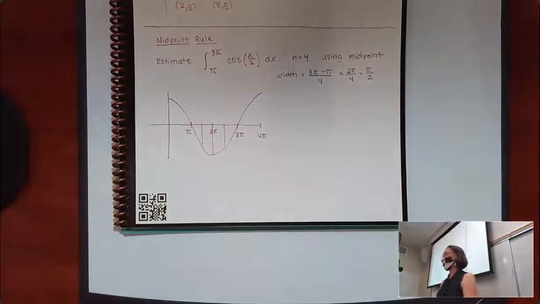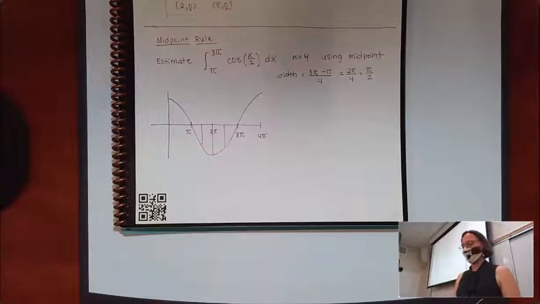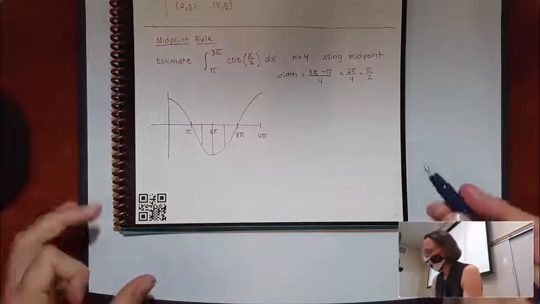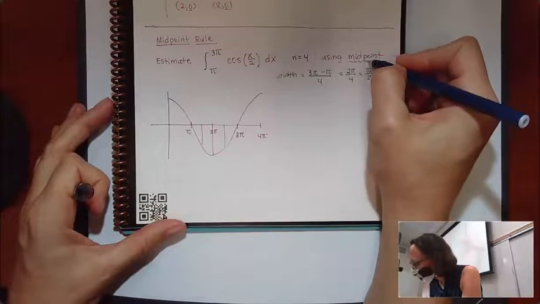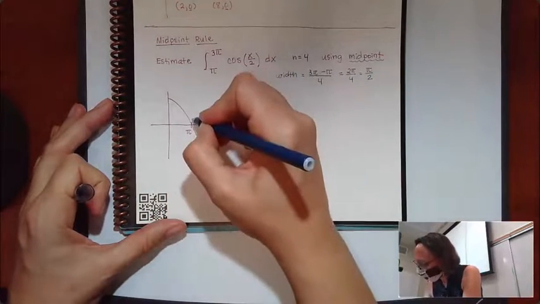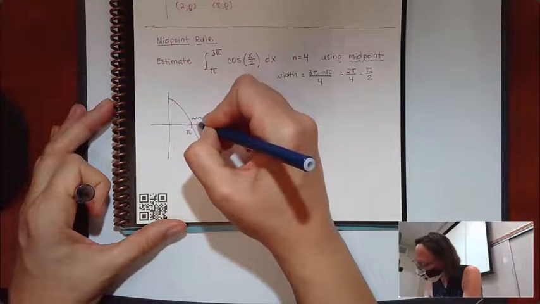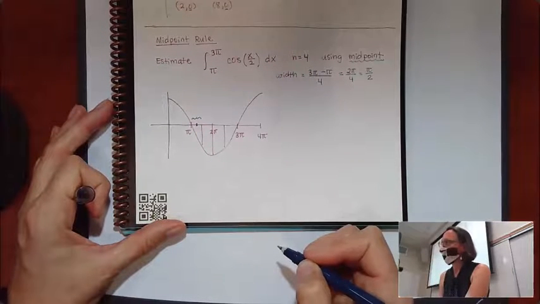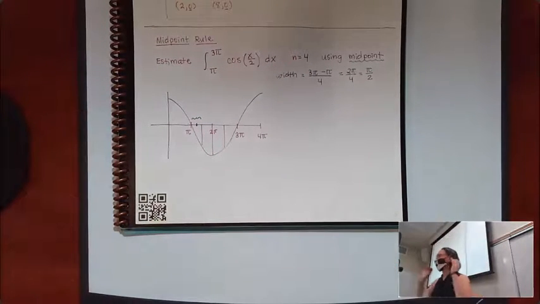That's how wide each of my rectangles is. Now to get the height, that's where the name midpoint comes into play. That name tells me that on each of these intervals, I need to find the middle. Honestly, that's the hardest part of these problems, just finding what values we're supposed to be plugging into the function.